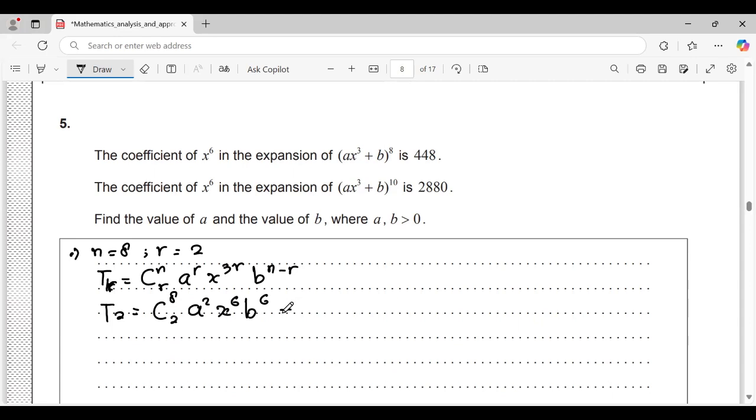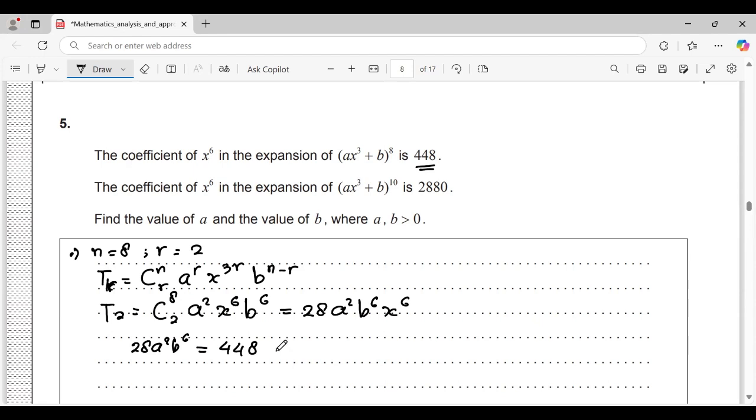So it's going to be combination 8, 2, which is 28, a squared, and then b power 6, x power 6. So if you compare with this information that the coefficient of x power 6 is 448, we can state that 28 a squared b power 6 equal 448.